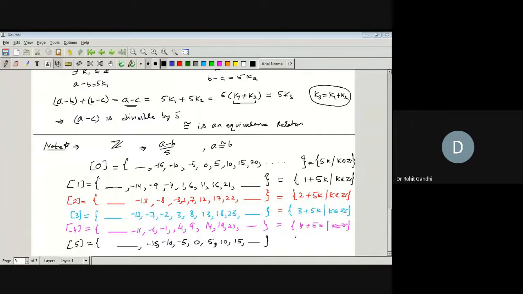So it should be like this: 5 plus 5k. You take any integer and you will get the equivalence class of 5.